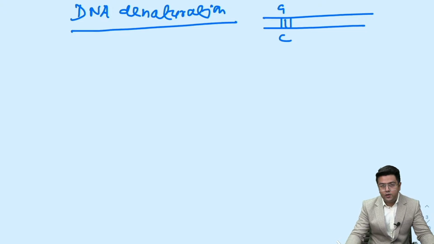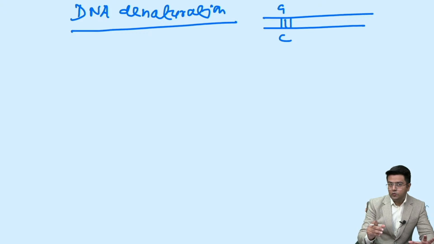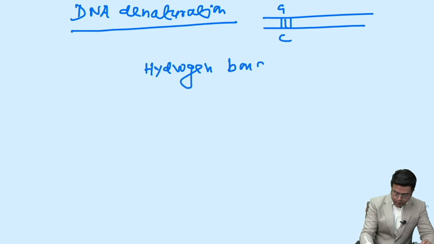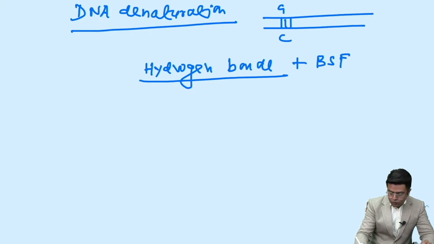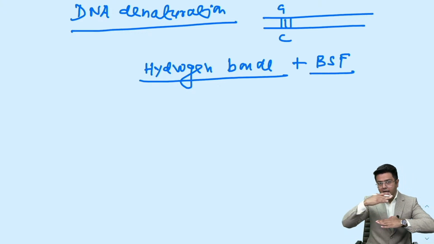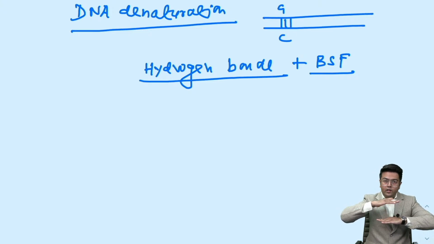So guys, there are two things which prevent the DNA from denaturing easily. What are these? One is hydrogen bonds, and the other is base stacking forces. What are base stacking forces? Like there is GC, then there is AT, then GC, something like that.